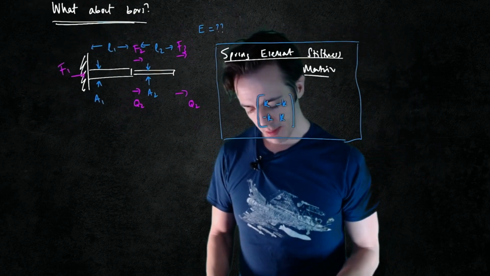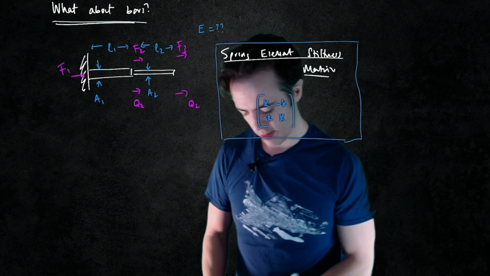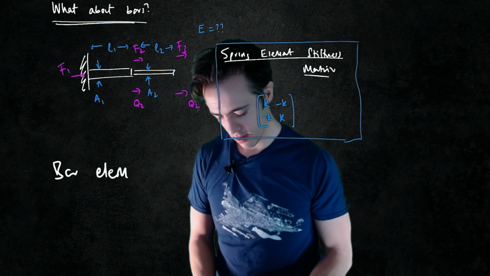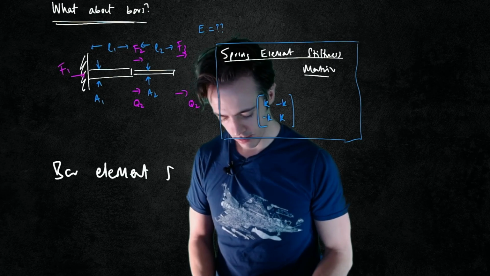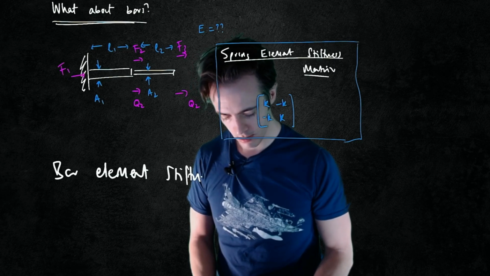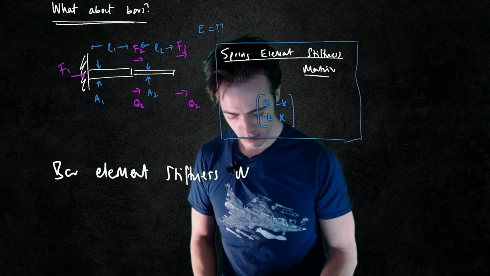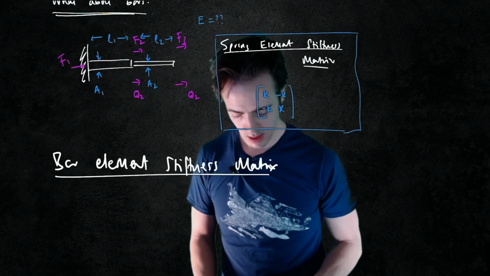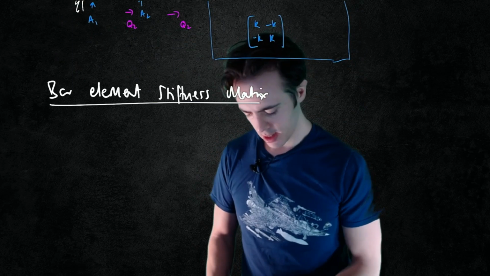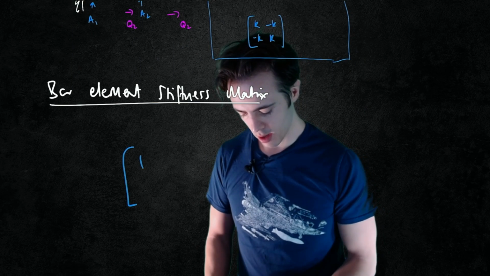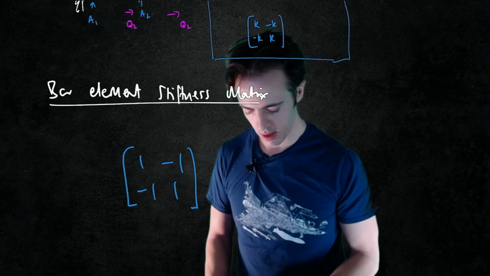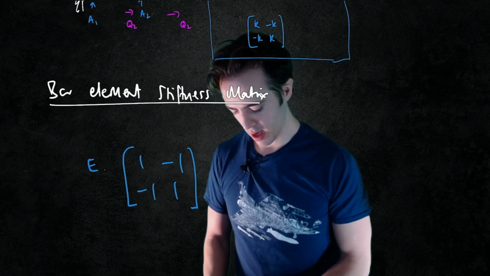If we've got a bar element instead, we've got a very similar stiffness matrix. So let's say if we have a bar element instead, then our stiffness matrix is 1, 1, minus 1, and minus 1, but we pre-multiply it.